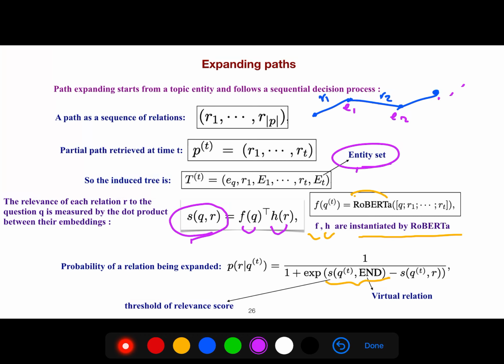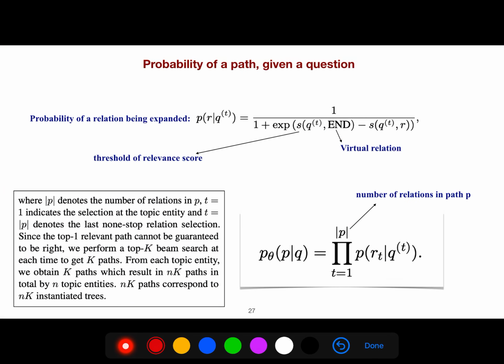Because we need to know what is the best match for a path of questions. I mean, the words in a question that you attend to. And a path of relations that occurs on the way. And this is the probability of a path given a question. So given a question, what is the probability that these are the relations?